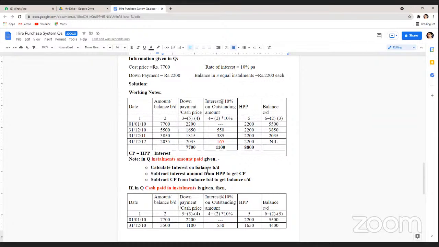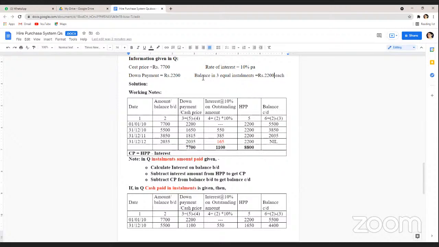Interest is calculated only on the outstanding amount every year, and you need to notice in the question whether you have been provided with the installment amount, or in each installment the cash price paid.